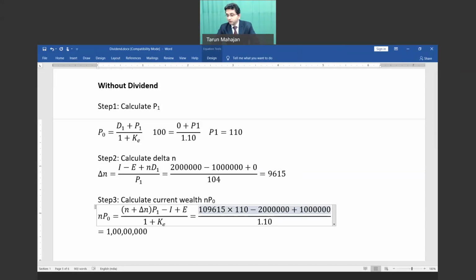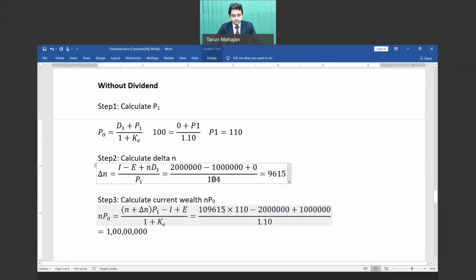Can you please help me to check these calculations? Oh, yes, it is 110. I'm sorry. So that's going to be 9091 now. Is it 9091?